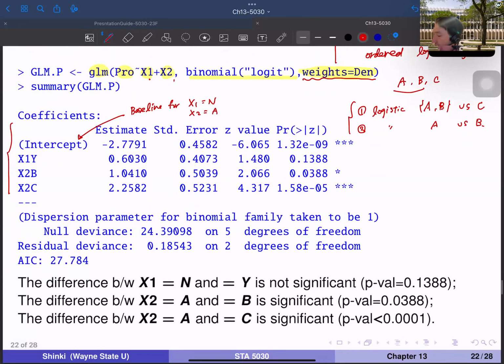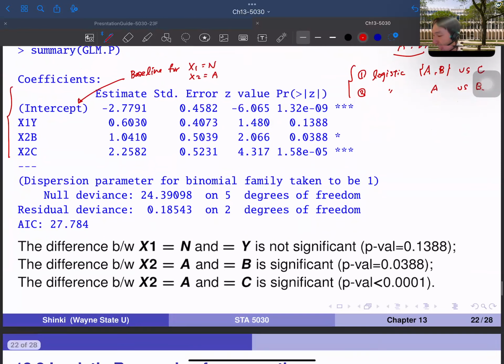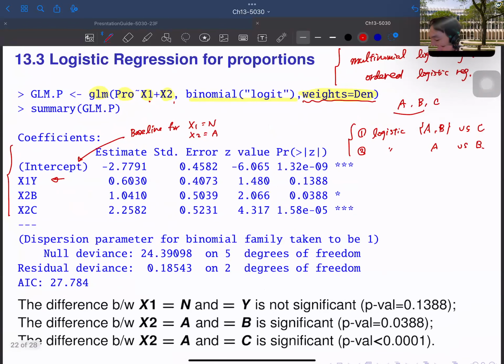Without specifying the levels option, R interprets this in alphabetical order, so n comes earlier than y, and a comes earlier than b and c. So x1 equal to n and x2 equal to a is the intercept and the baseline case. This is the additional portion when x1 becomes y. This is the additional portion when x2 becomes b from a. And this is the additional portion when x2 changes from a to c.